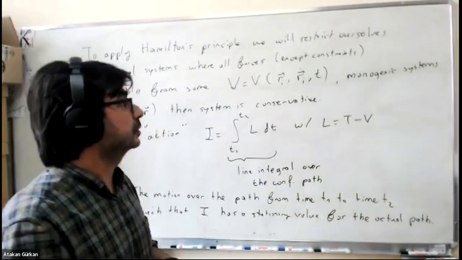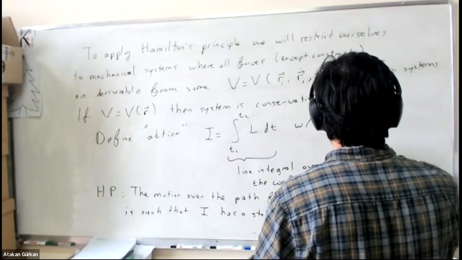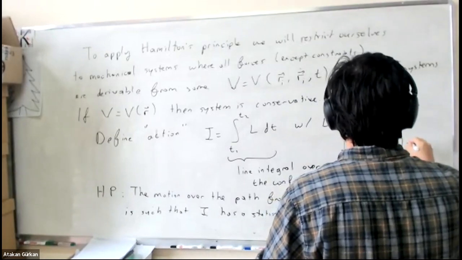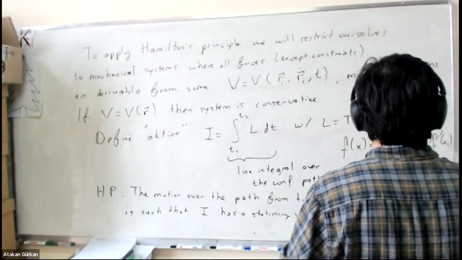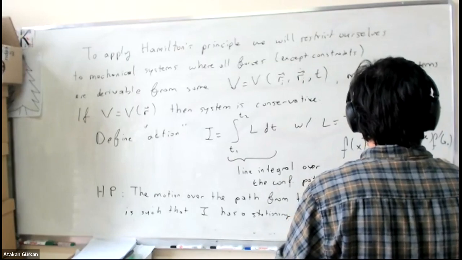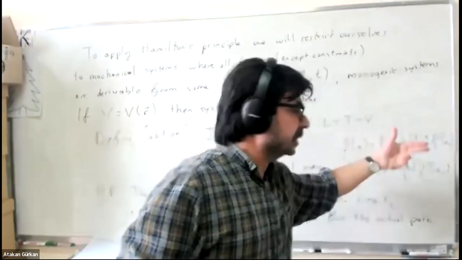Right. So let's write this down. A simple example. f of x is f of x0 plus (x minus x0) f prime of x0 plus (x minus x0) squared over 2 f double prime of x0. So this x minus x0 is our deviation.